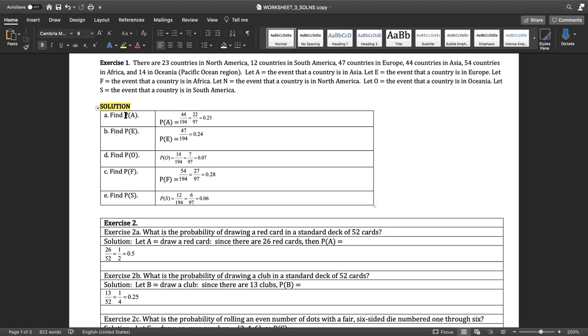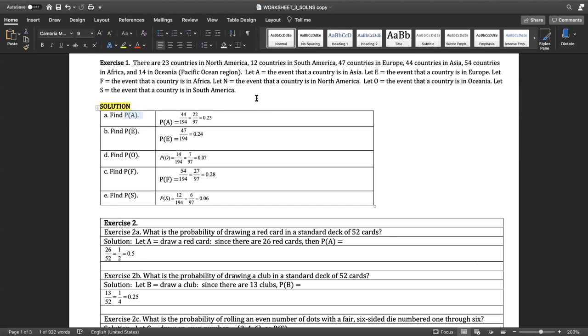So now we have this new term, which is really in many instances just a relative frequency. What is the ratio of the number of countries defined by, let's say, A, where A is the event, let's call it the event, that the country is in Asia.